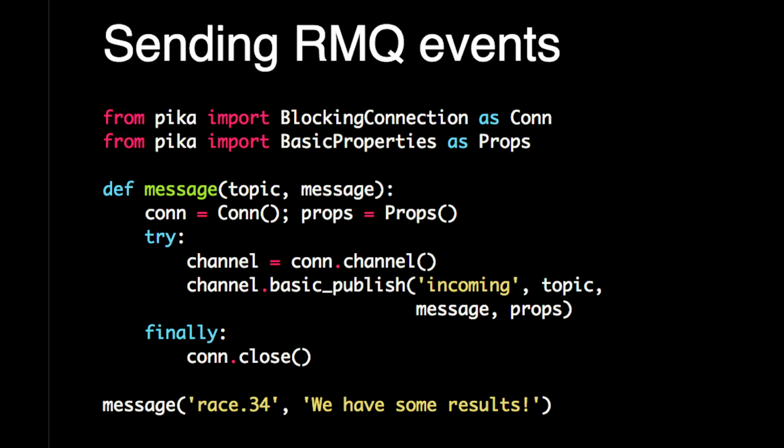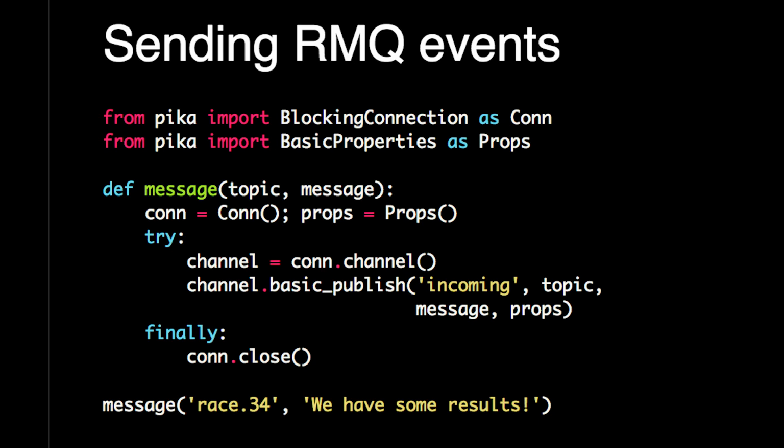Do whatever you want with this information, but it happened. For example, here, race number 34 is finished, and I have some results. I don't know, I don't care who wants to use them, but I'm going to tell the world that race 34 is over, and we have some results.